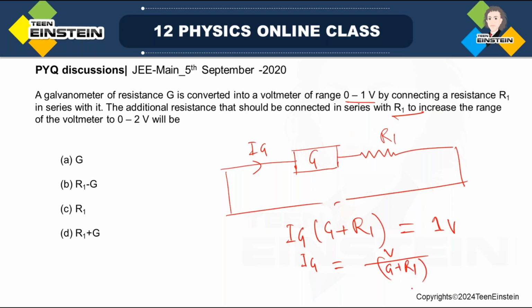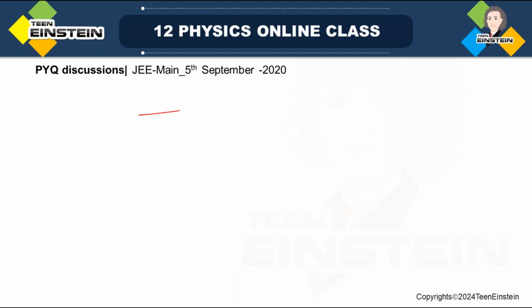So how much resistance should you add so that you get the range to be 2 V? Let us say some R2 is added. I have the circuit G, then R1, and then I connect the additional resistance R2 so that I get the range of 2 volt.